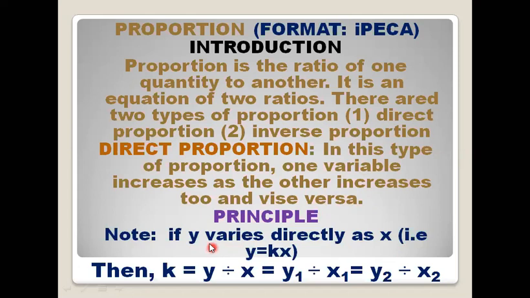So if y varies directly as x, that is y is equal to kx. In place of the proportionality sign, there is equality and the proportionality constant.